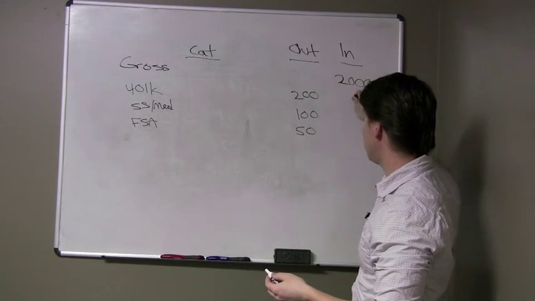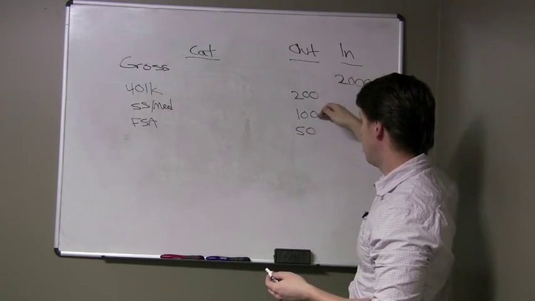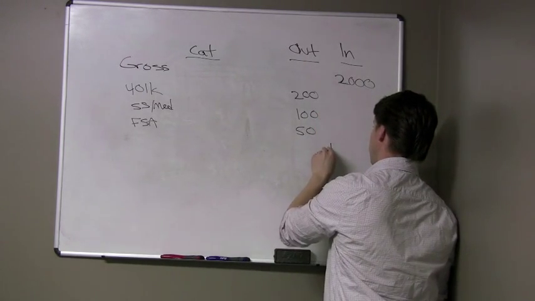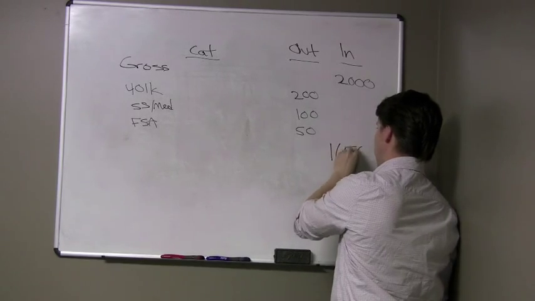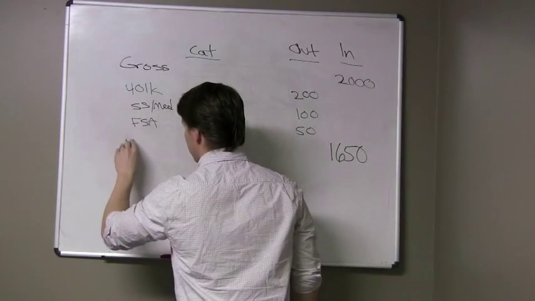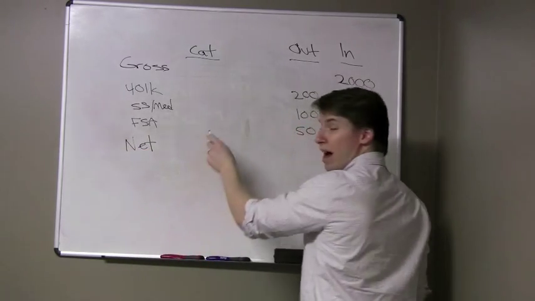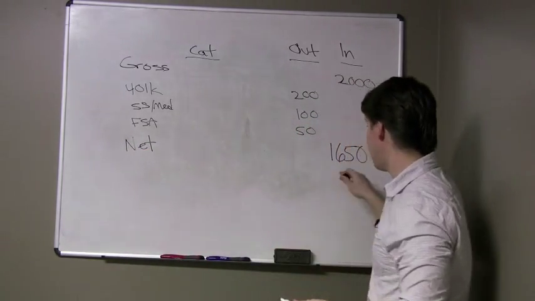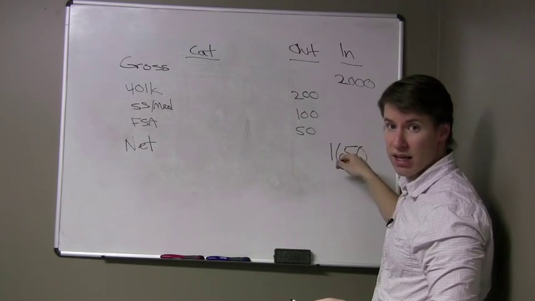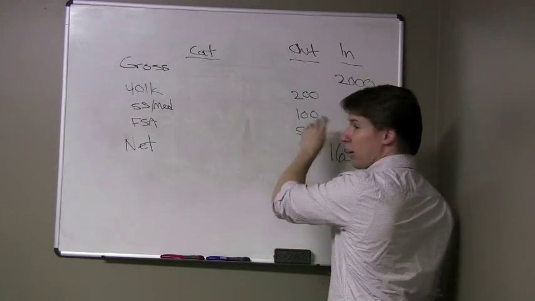So 2,000 less 200 less 100 less 50 gets us to $1,650 of net. That's our net amount on our paycheck, and that one would have a category because that's the actual transaction that is hit.